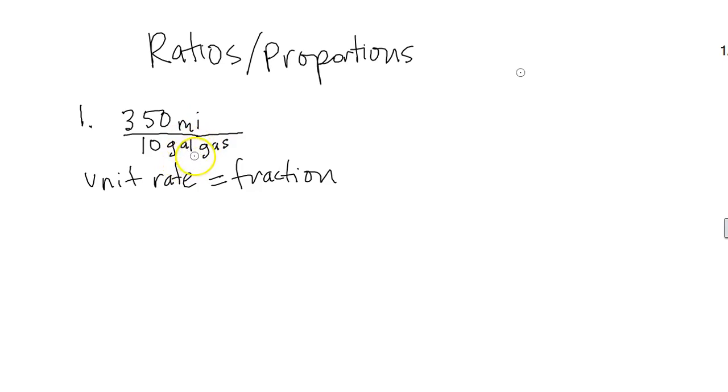So let's just imagine that we're driving down the road, we put 10 gallons of gas in our car, we achieve 350 miles for every 10 gallons of gas. So the way unit rates work is you always want to put them with respect to 1 in the denominator. So let me write a note here. A unit rate has to have a 1 in the denominator.